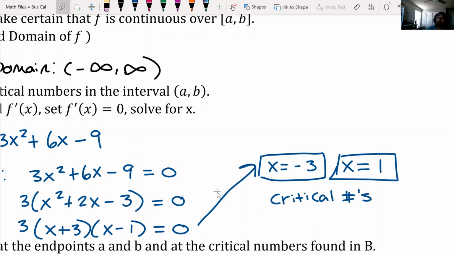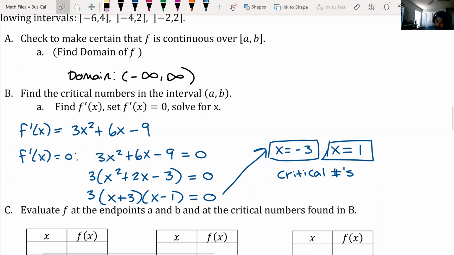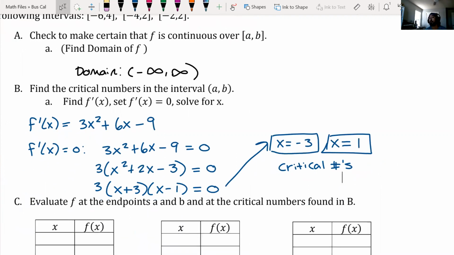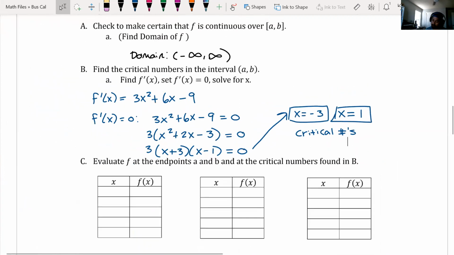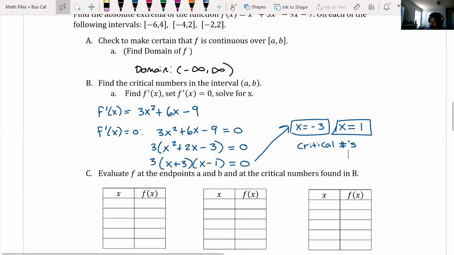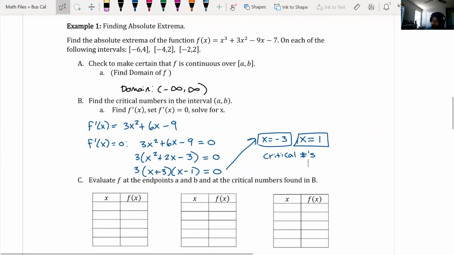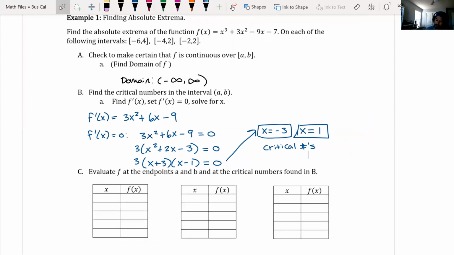All right. These are my critical numbers. So any questions so far? Okay. So now what we're going to do is take the given intervals above and the critical numbers and plug them in to the original function to find absolute maximums and absolute minimums.